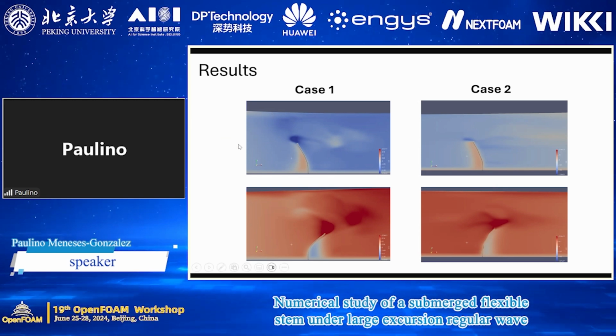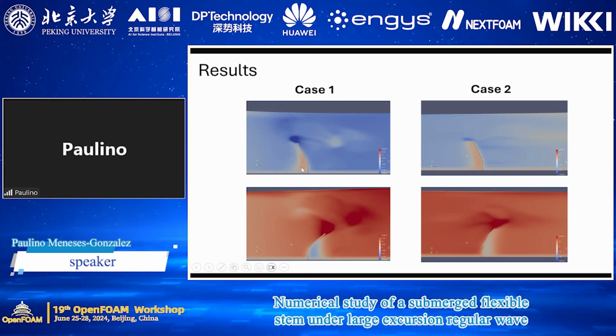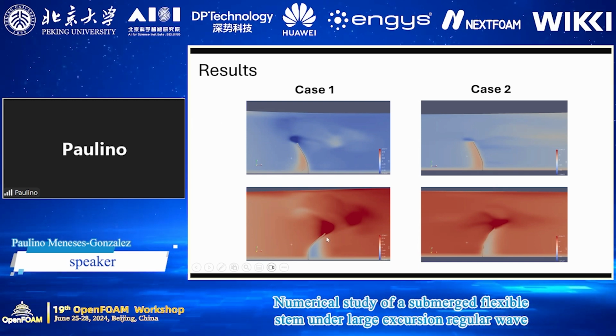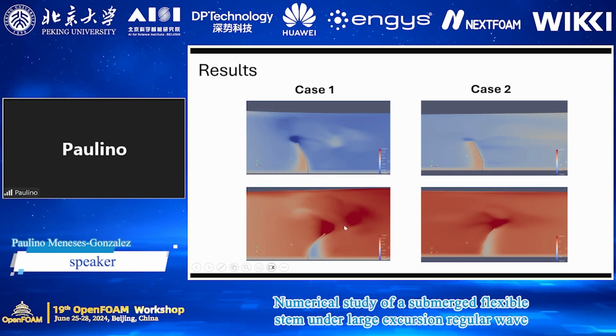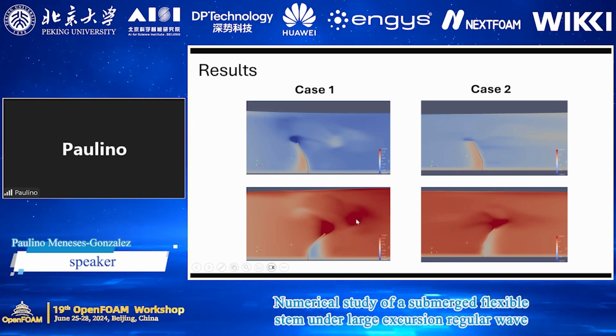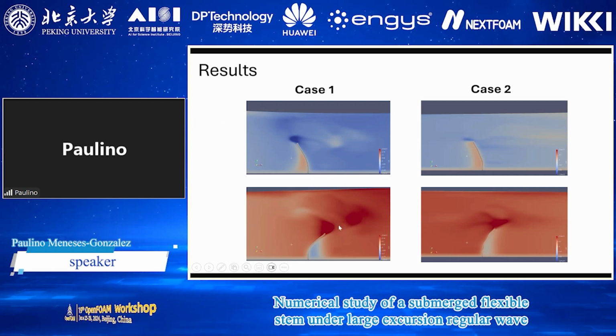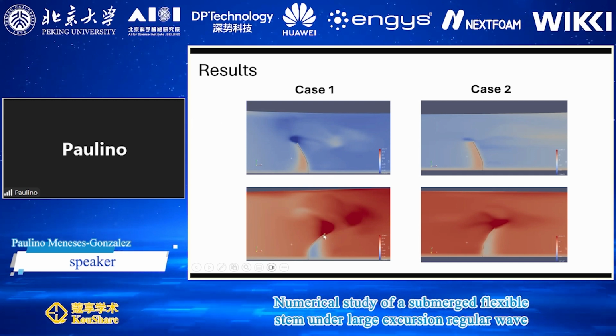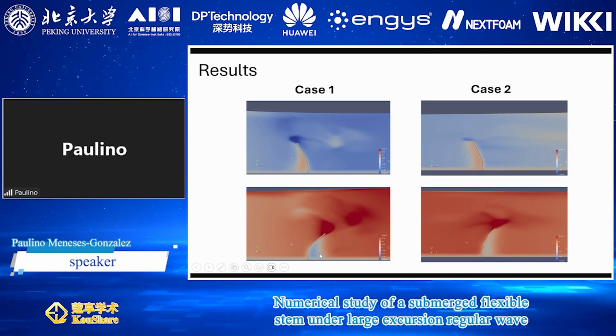Instead of being negative, the shadow is positive. And when the steam reaches the maximum deformation, we can see also that vortex on the right side, and another vortex is releasing in the shadow in the lower part of the steam.